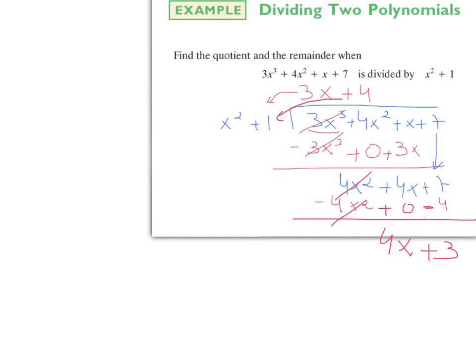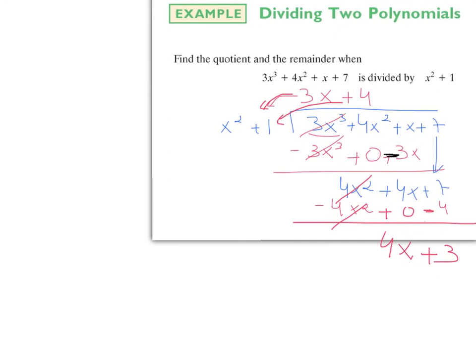So 4 times x squared is minus 4x squared, and 4 times 1 is negative 4. Oh, there's something wrong here. Now 3x times 1 is 3x, and we're supposed to write minus 3x. Now x minus 3x is minus 2x here.